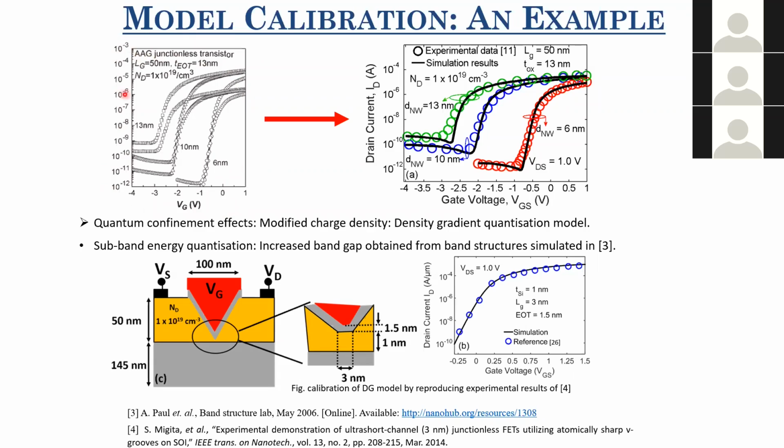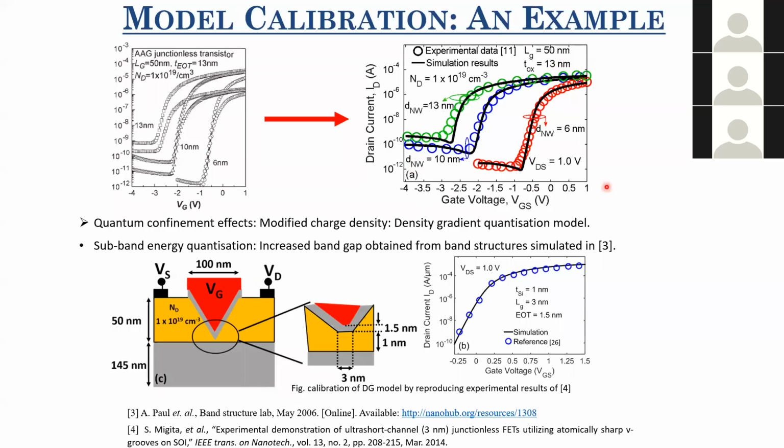If the experimental environment changes, or if the devices change, this set of calibration is no longer valid. So if you calibrate for junctionless nanowires, you cannot use this for, let's say, MOSFETs. You cannot use this for tunnel FETs. Once the experimental environment changes or the devices change, you have to recalibrate your models.